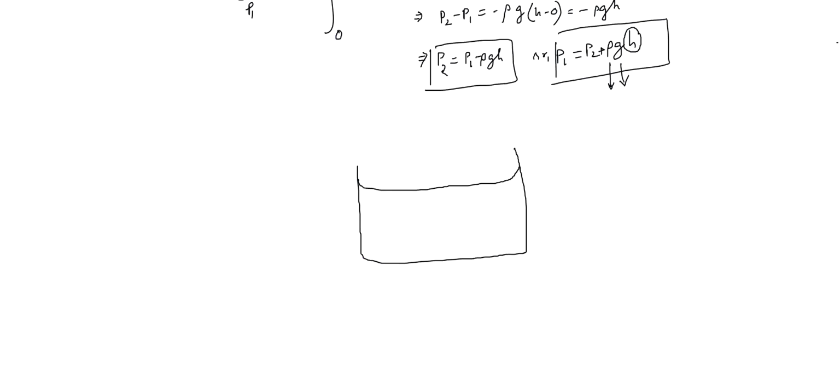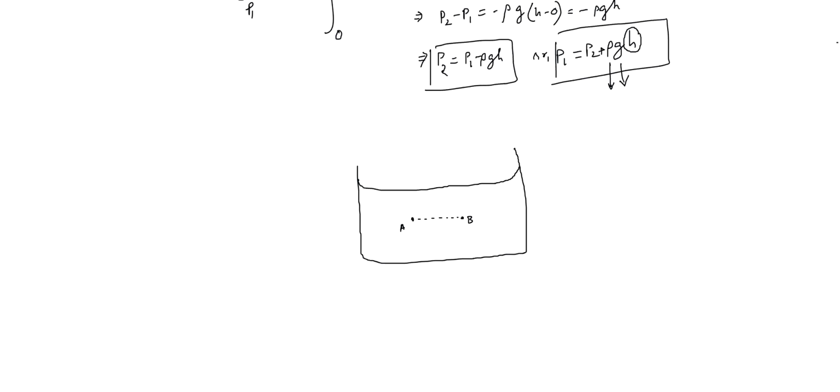Suppose here is one point A and here is another point B at the same horizontal level. So AB is a horizontal line. Will there be any difference in pressure?